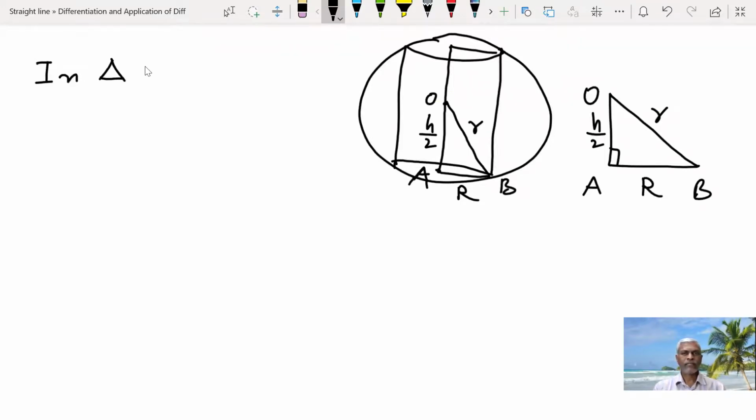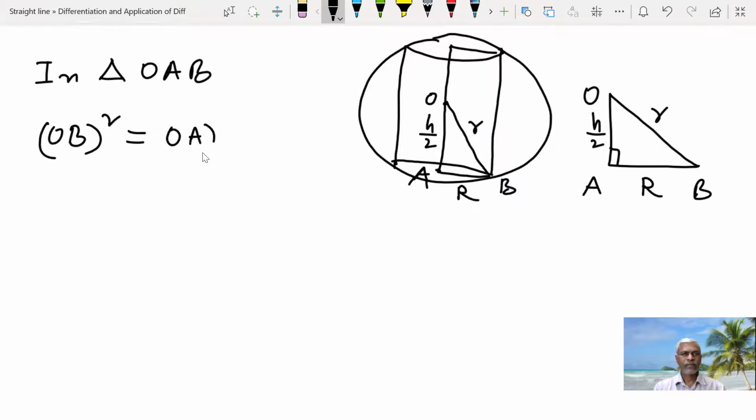In triangle OAB, OB square is equal to OA square plus AB square, by the Pythagoras theorem. Square of the hypotenuse is the sum of the squares of the other two sides.